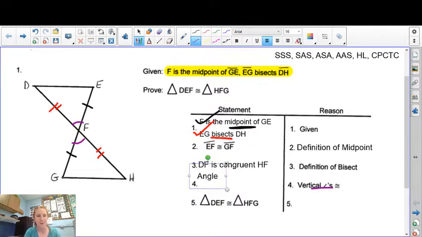So I've said angle DFE is congruent to angle, well, D to F was 2 reds, so H to F and then back to G. And then look, what information do I have? I have a side, an angle in the middle, and another side. So this was by side-angle-side.